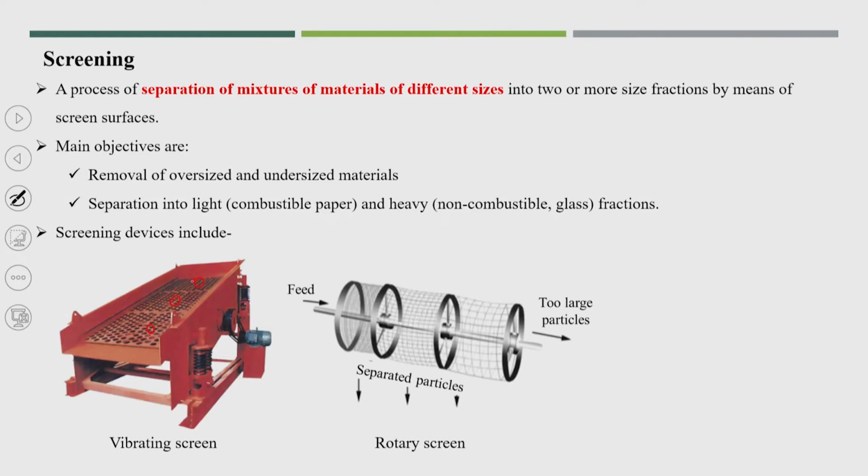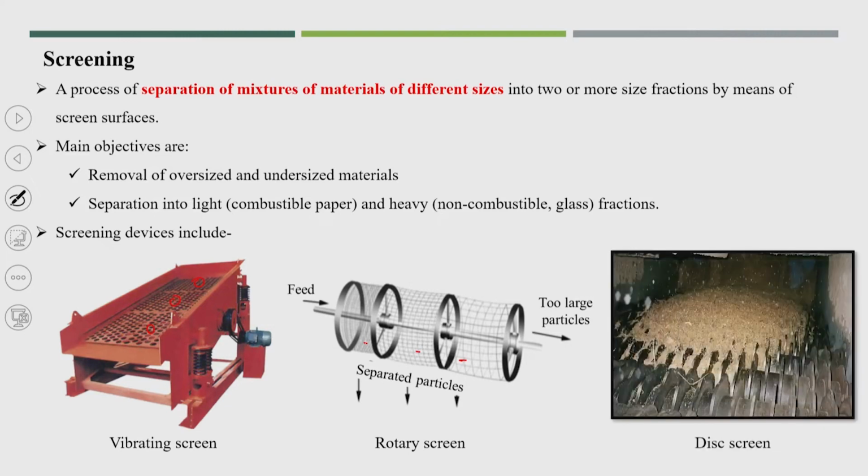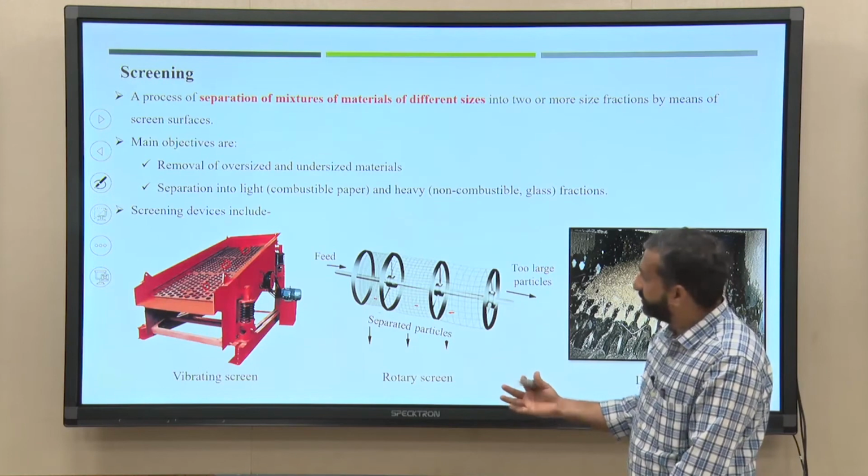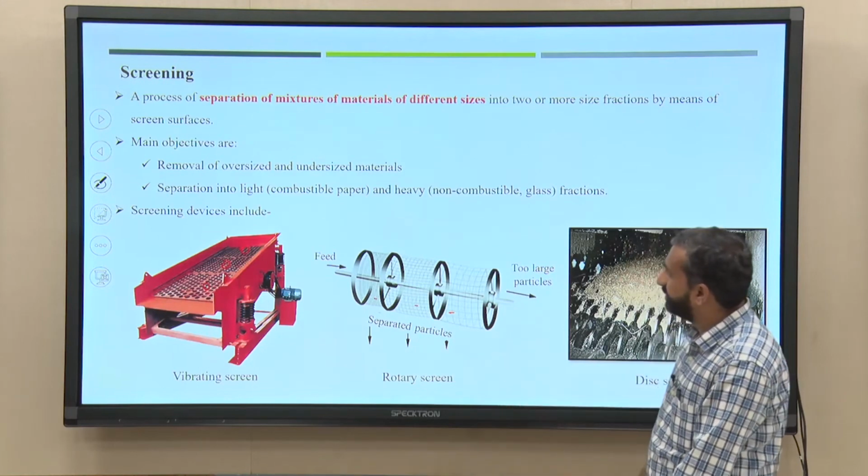Here also you can see the different sizes. This is the smaller one, somewhat bigger and bigger one, and this is the large particle you will get. This is the disc screen. So, by using different kinds of screens, we can separate the entire material by different sizes.